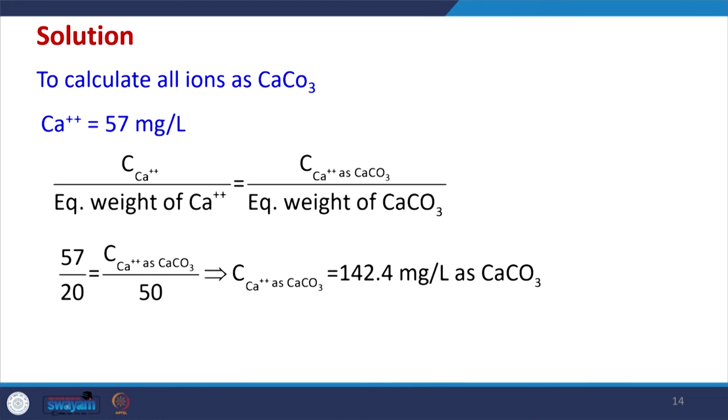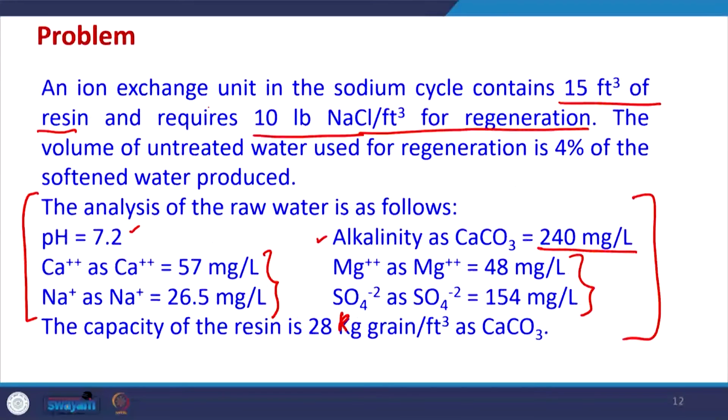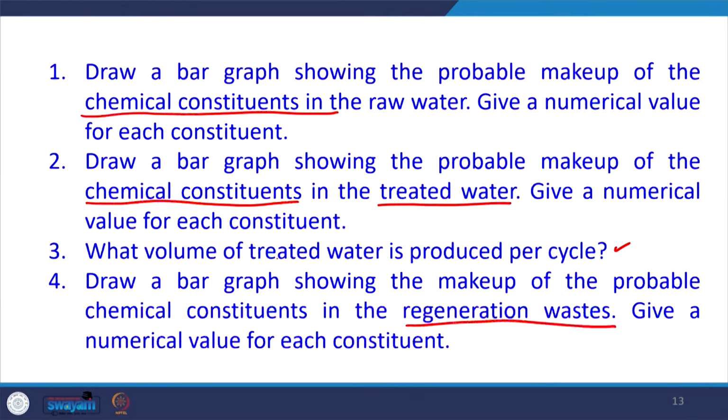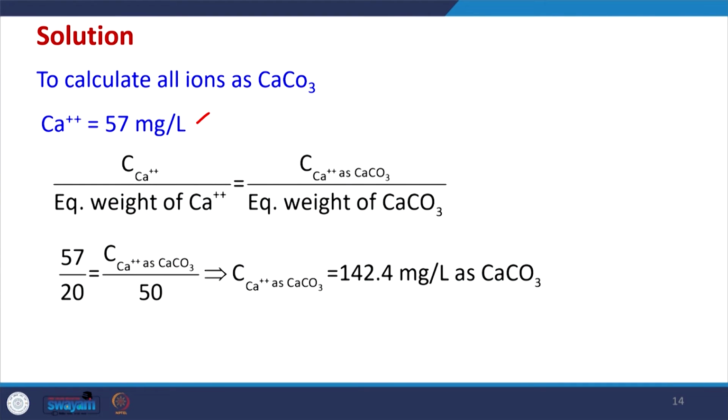So, to calculate all ions as calcium carbonate, we had 57 milligram per liter of calcium which is given. What we do is that we convert this into the amount in milligram per liter as CaCO3. For doing this we use this particular equation.